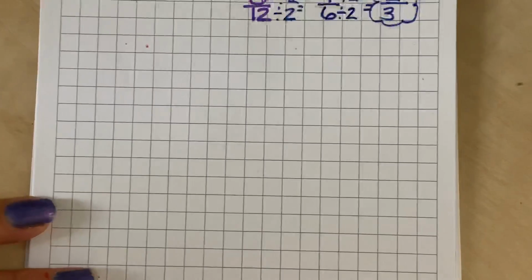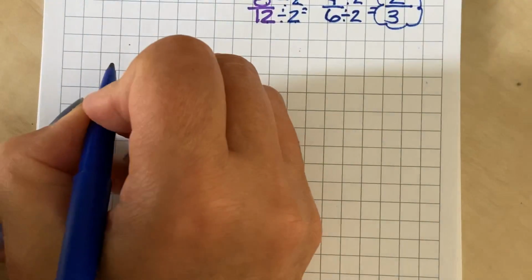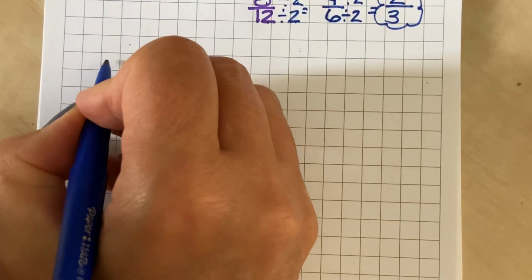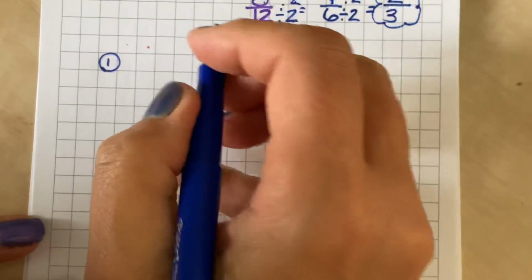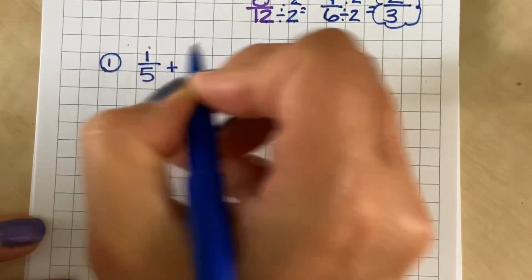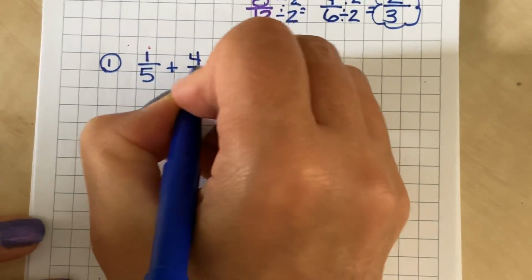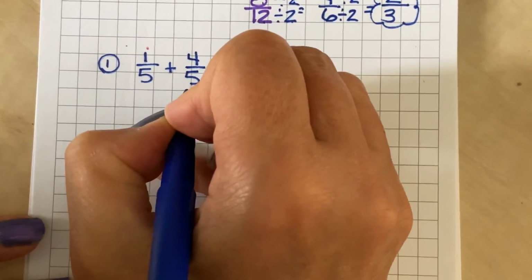All right, so here's what I want you guys to do right now. You're going to do 3 problems for me, put in your answers, and then we'll see how you did afterwards. So the first one I want you to do is going to be 1/5 plus 4/5. Common denominator, okay?